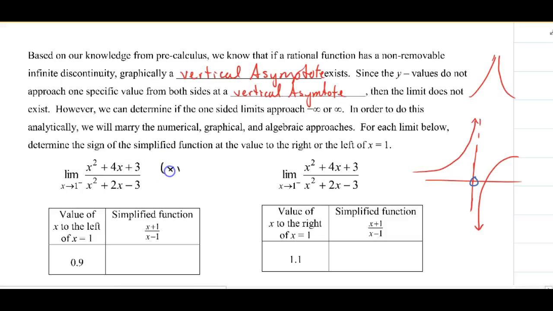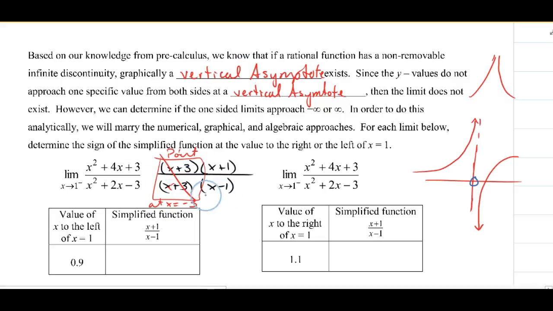It factors to x plus 3 times x plus 1 over x plus 3 times x minus 1. And we said, oh, my x plus 3's cancel. That's a point discontinuity at x equals negative 3, the x value that would make the denominator 0.